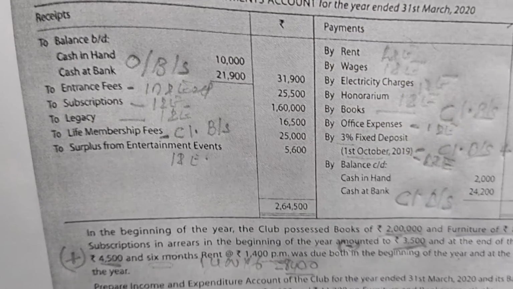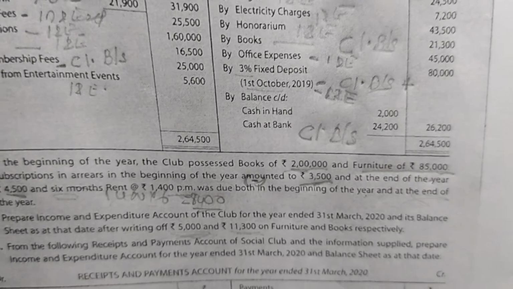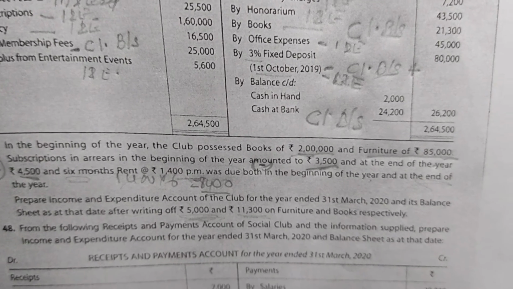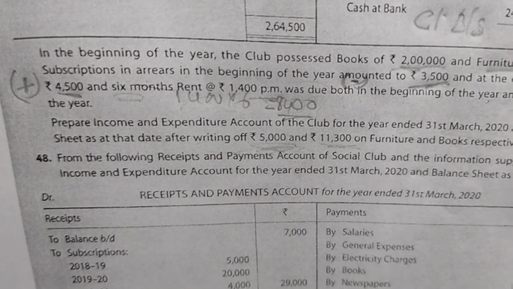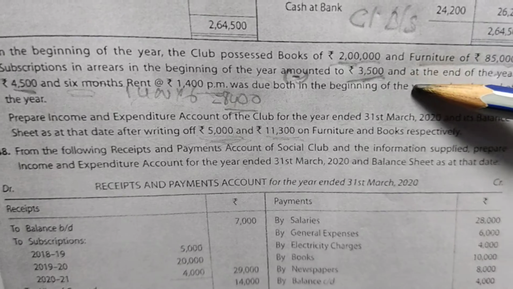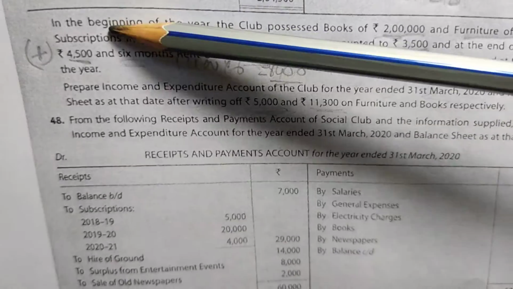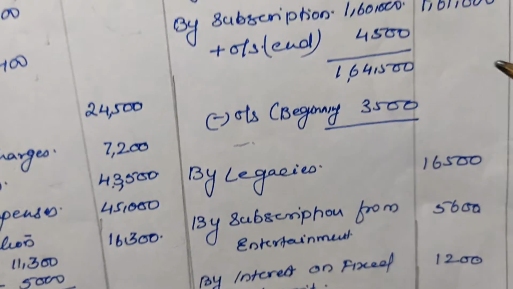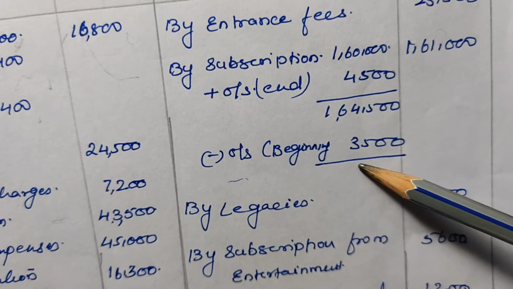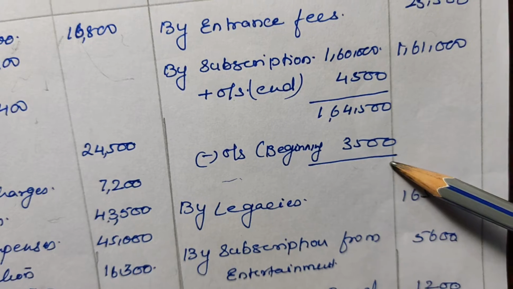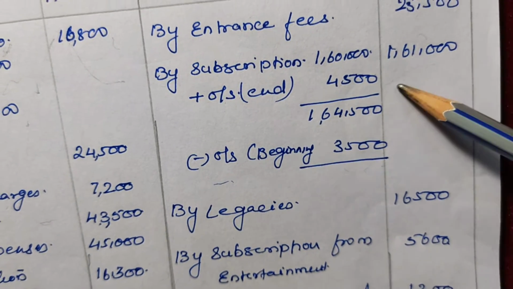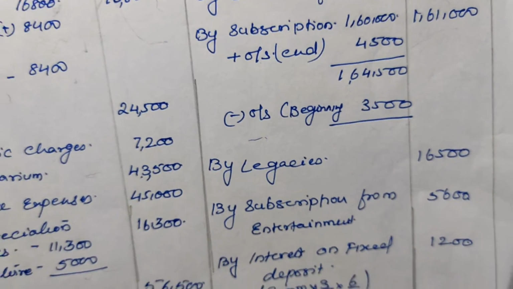What is our adjustment? Add outstanding at the end of the year, less outstanding at the beginning of the year. So subscription arrears in the beginning, 3,500, we will deduct, and at the end of the year we will add. We have added 4,500 and deducted 3,500, and the total amount is 1,61,000.